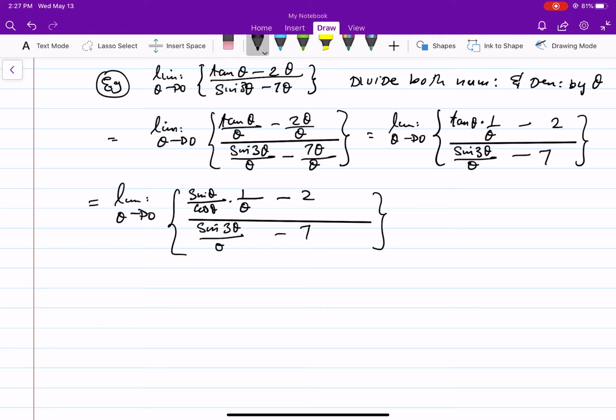Another thing I have left to do here is to switch the theta and the cos theta. Let me do it right here.